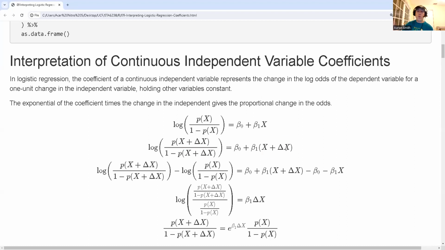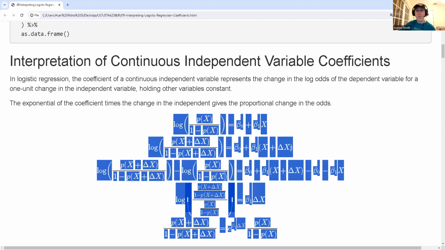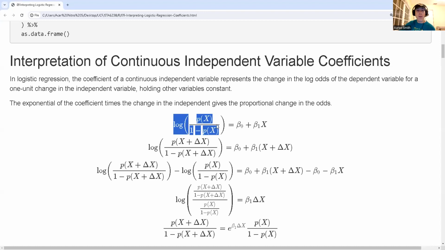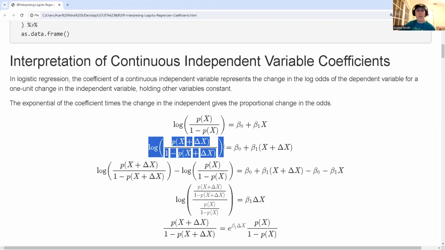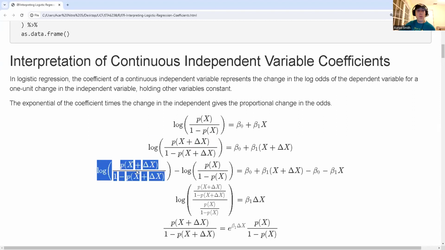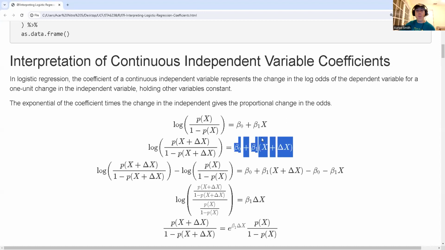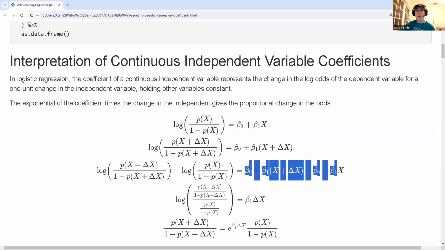Now to interpret the coefficient, I'm going to subtract these two from each other. On the left-hand side, I've got these two logs, and I'm going to do subtraction here. And then I'm going to subtract that on the right-hand side over here.